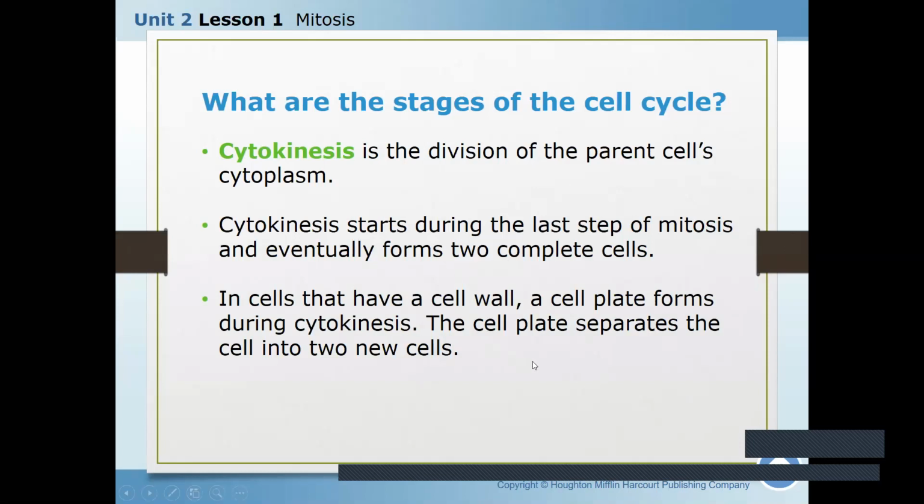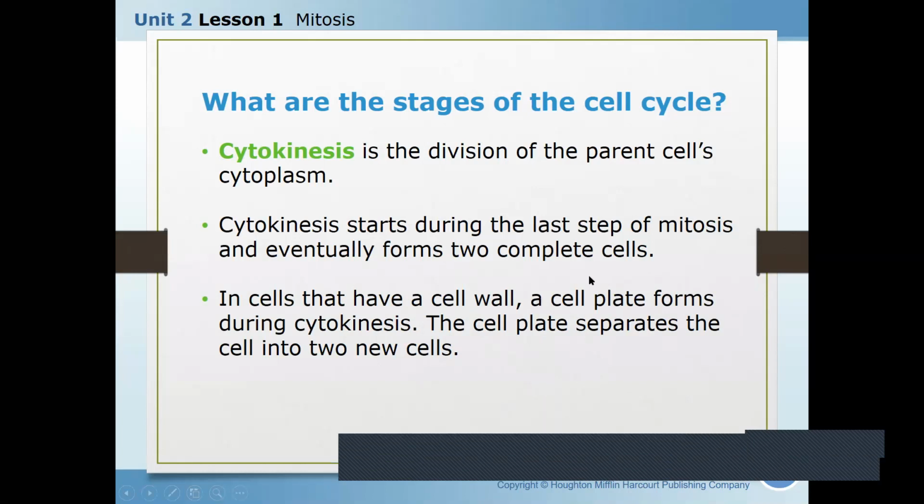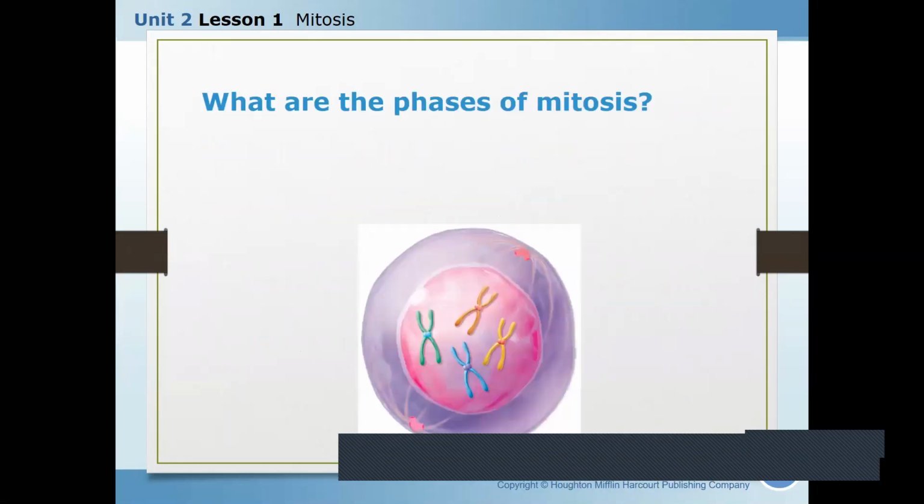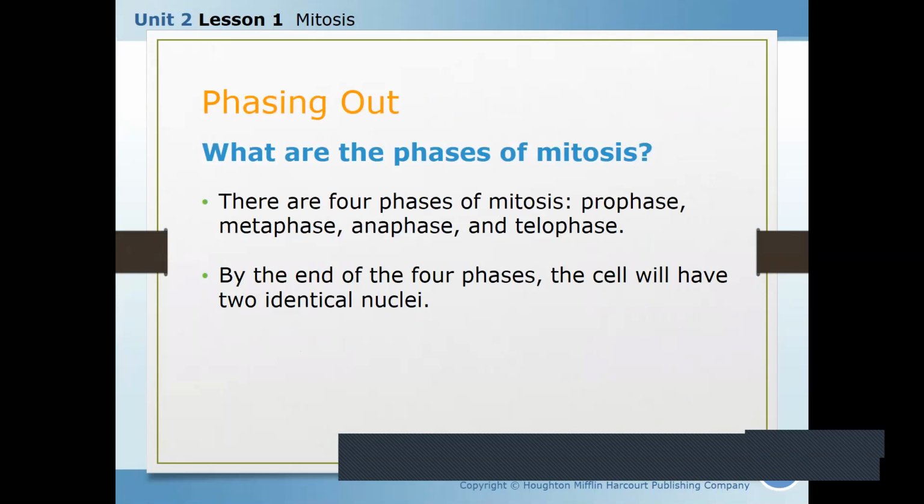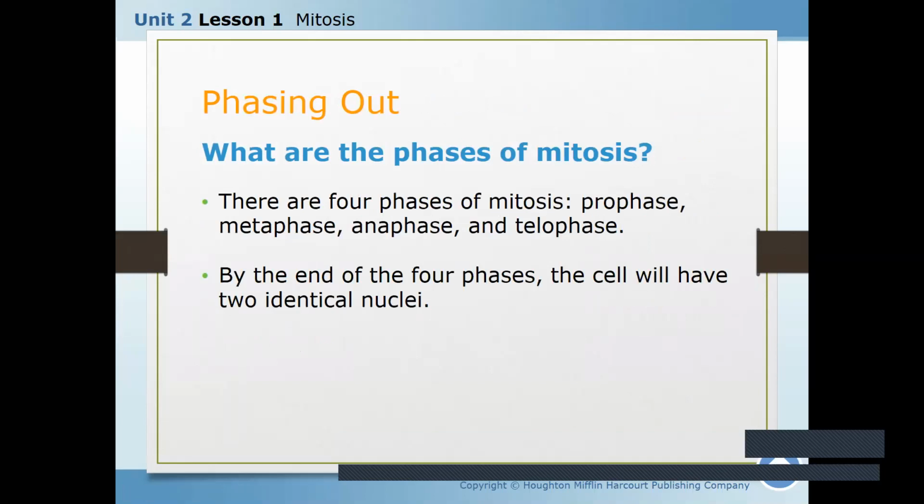In cells that have a cell wall, a cell plate forms during cytokinesis. The cell plate separates the cell into two new cells. What are the phases of mitosis? Please read it out, Vatin. There are four phases of mitosis: prophase, metaphase, anaphase, and telophase.